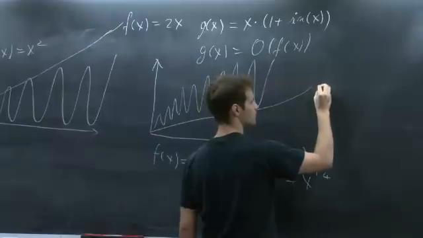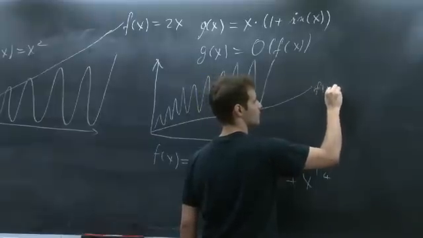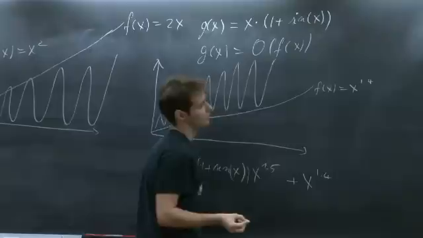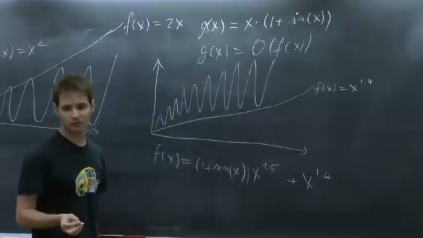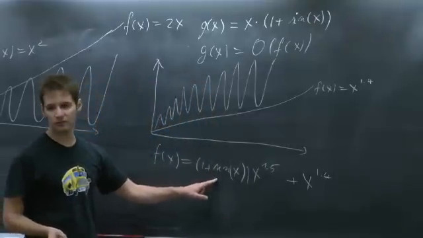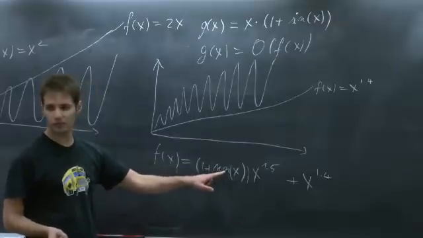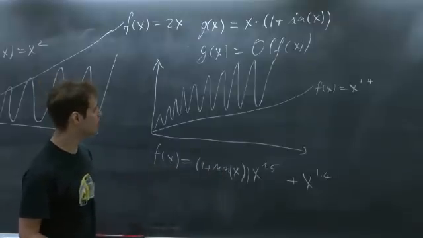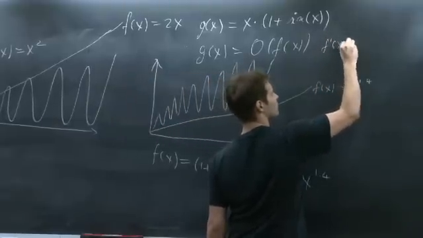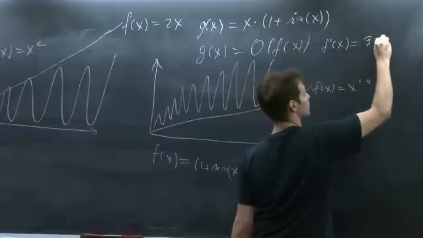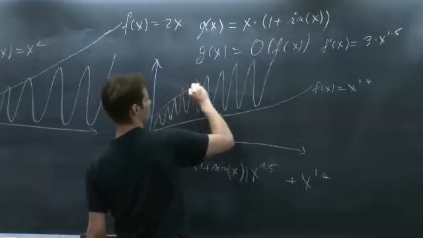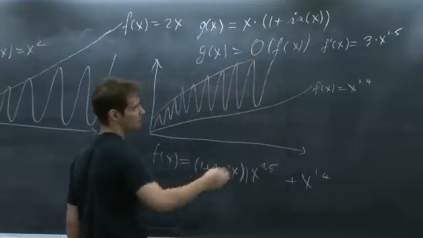Also, I know that sine is never bigger than 1, so I know this whole thing is going to be at most 2. So if I have another function that says f prime of x equals, say, 3 times x to the power of 1.5, I know that it's going to bound it from above.